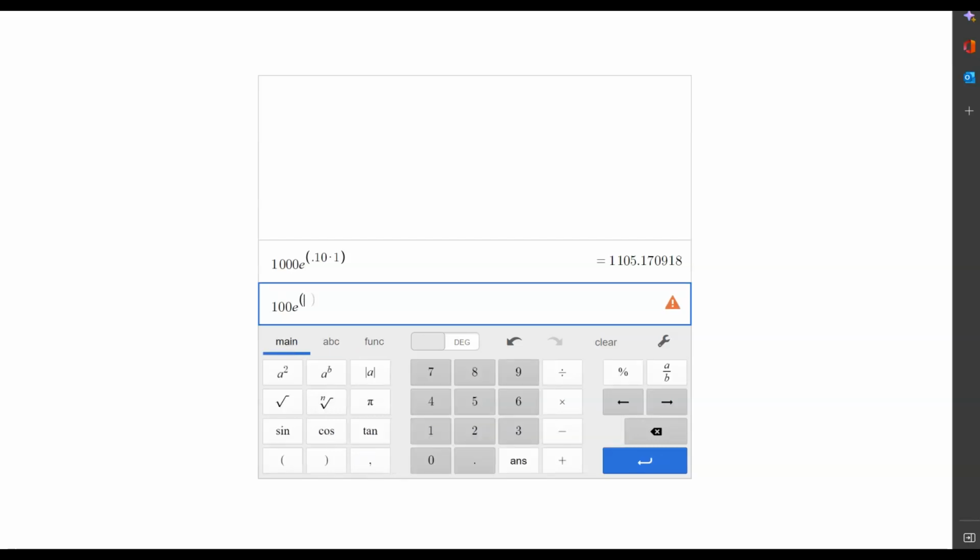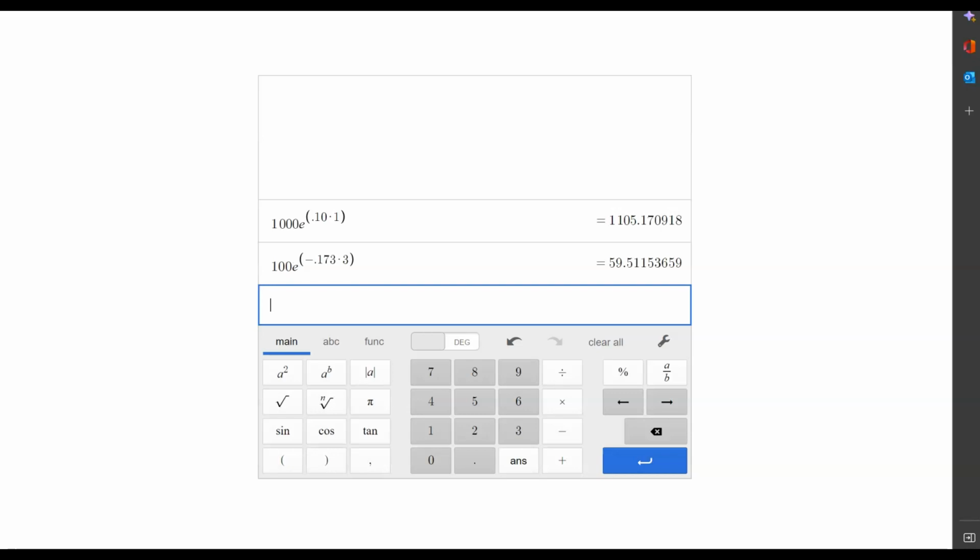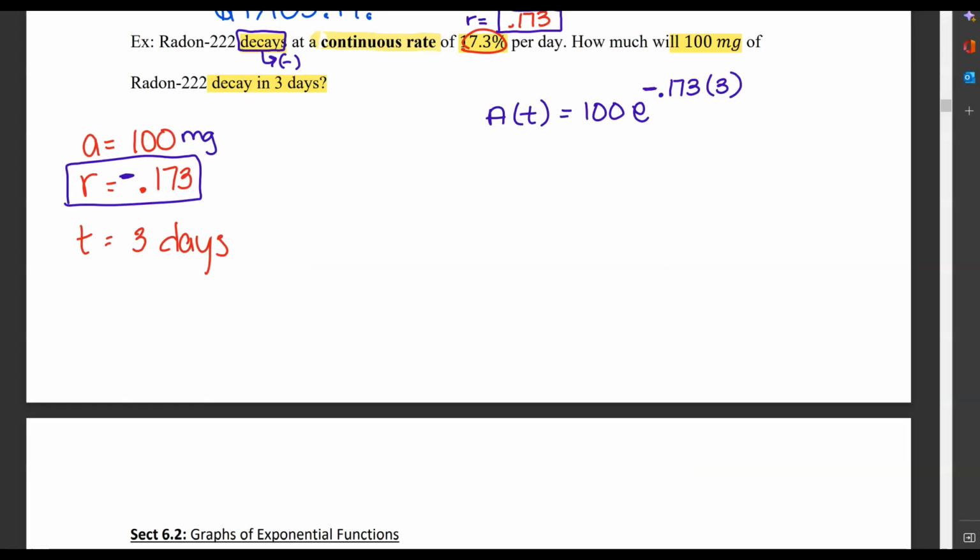Let's put in our parentheses. So we're going to have negative 0.173, and then that's going to be multiplied by 3. We're going to close those parentheses and hit enter. Notice our value is going to be 59.51. So our A of t is going to be 59.511.